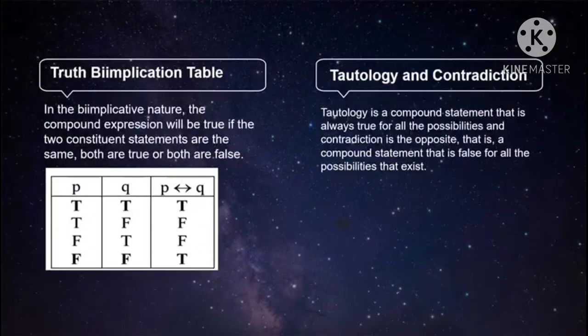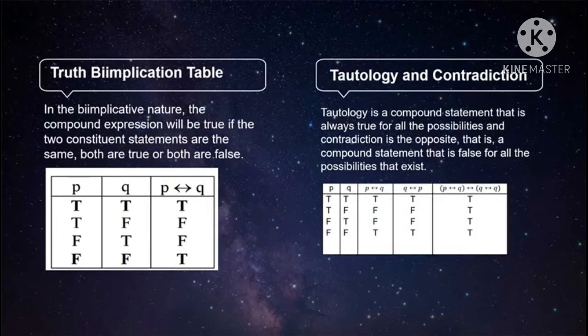Number 7, biimplication table. In the biimplication nature, the compound expression will be true if the two constituent statements are the same, both true or both false.